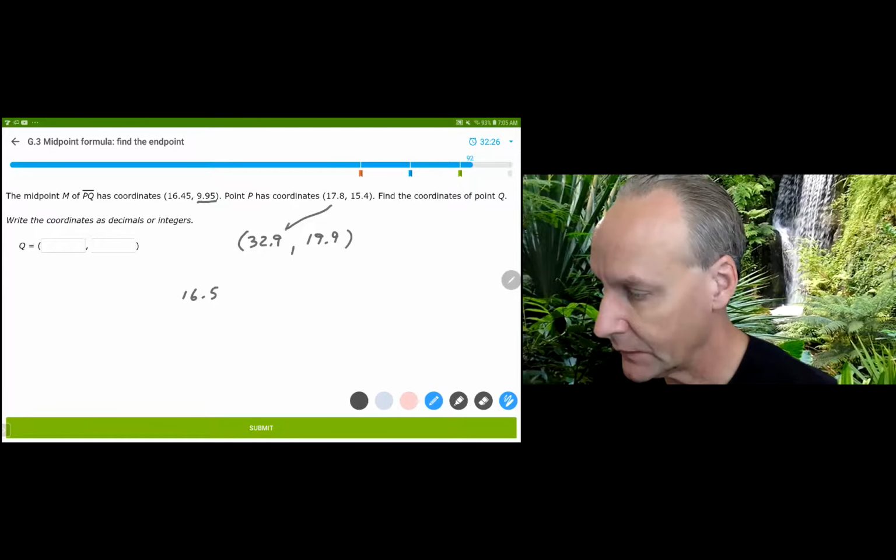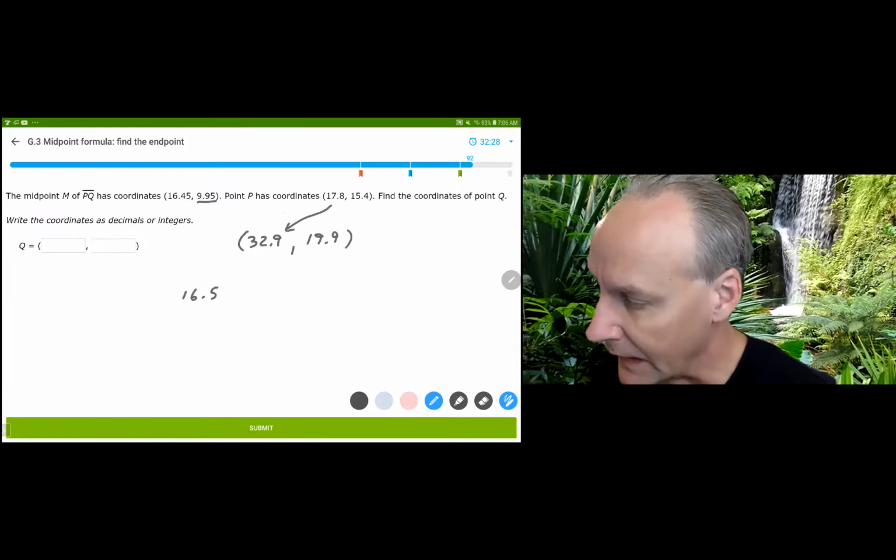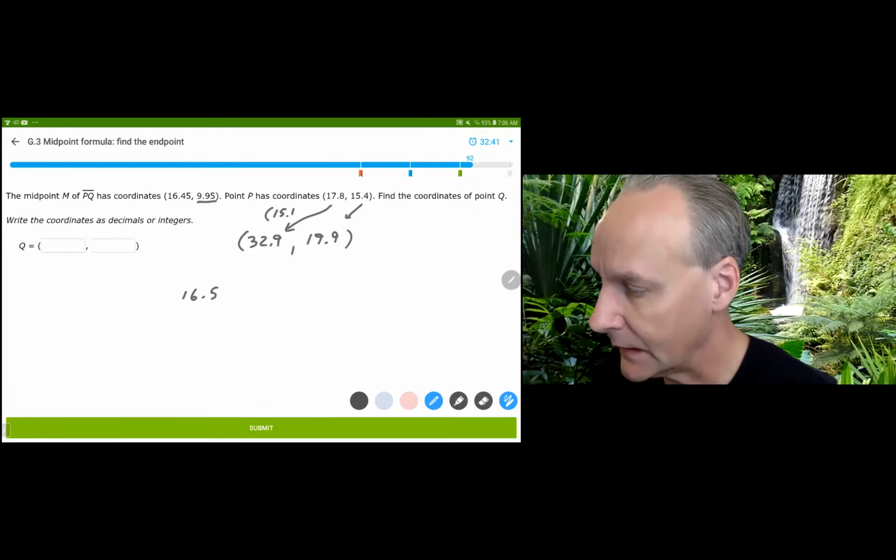And to get from here to here, I need to add from 17.8, I need to add 15.1. And to get from 15.4 to 19.9, I need to add 4.5, don't I? Okay, I believe that's correct.